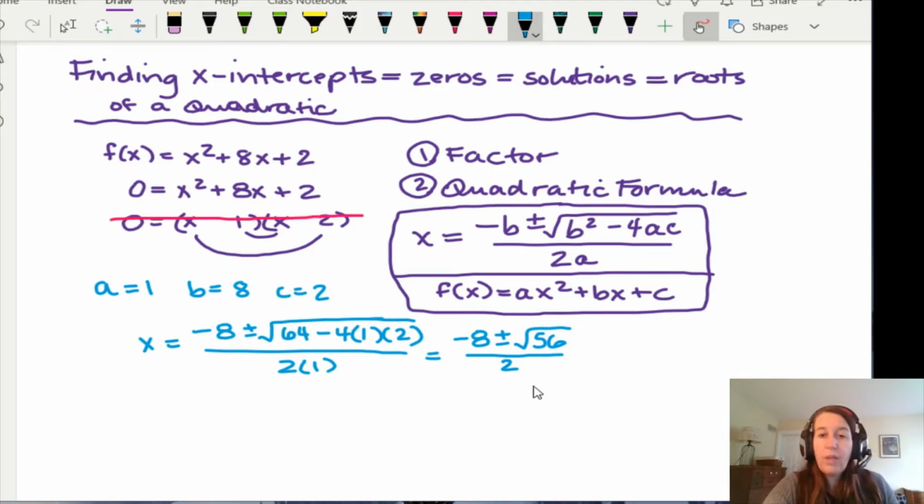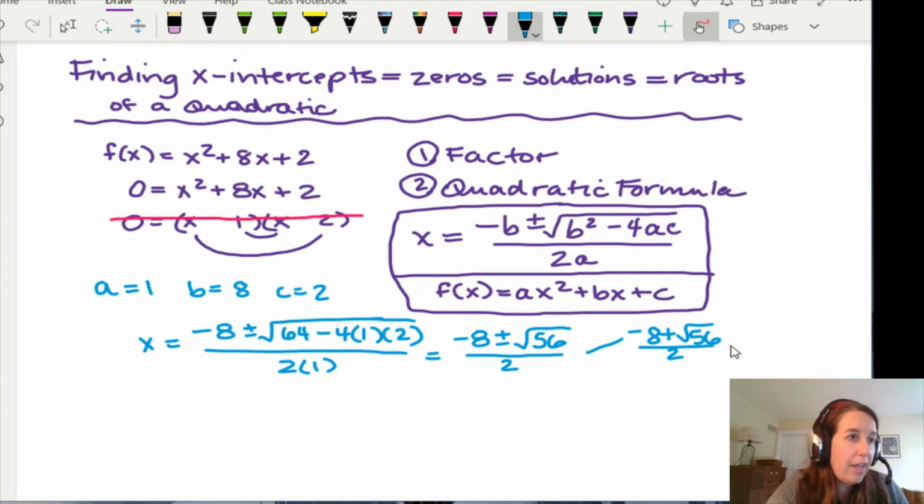Okay, at this point, you have to see, do you want a decimal answer or a simplified radical answer? If you just need decimal answers, then you should type into your calculator -8 plus the square root of 56, hit enter, and then divide by 2, or you can use parentheses on the top.